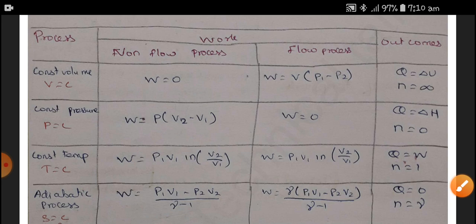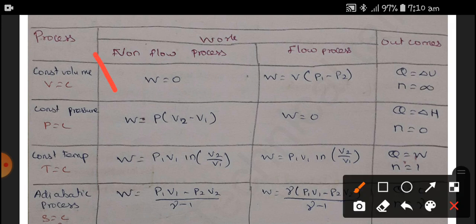In such conditions, first we are going to discuss the work for the non-flow and the flow process. The outcomes we are going to discuss. Here we are going to see PV^n by T, that is the formula.